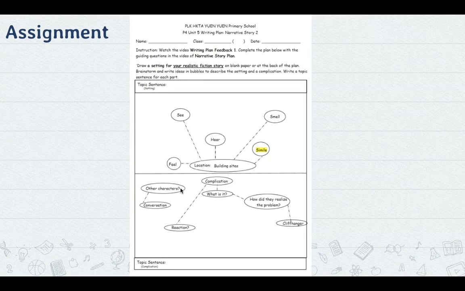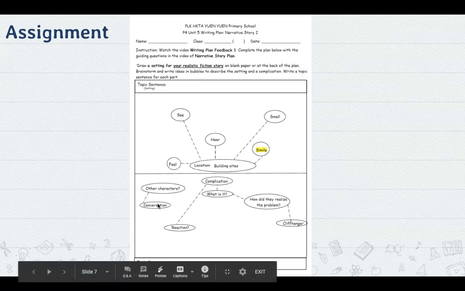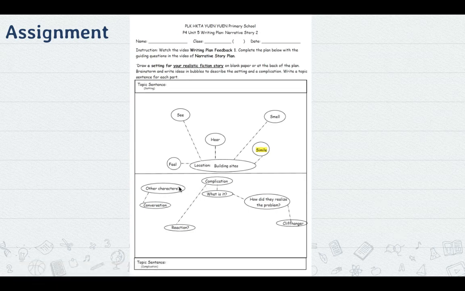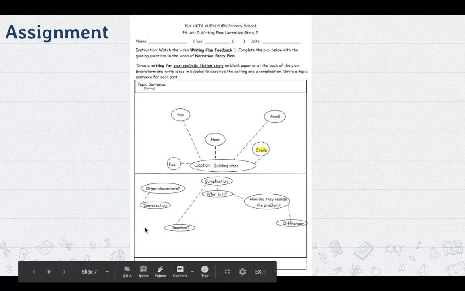As you can see, in the complication box, there are two bubbles which do not connect to the complication bubble. So that means these two bubbles are actually optional for you.